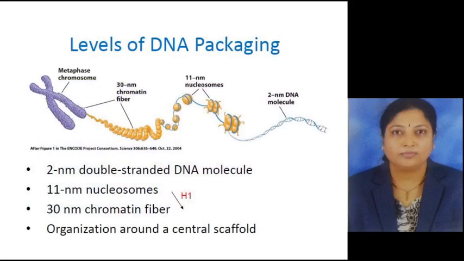Here you can see the levels of DNA packaging. There are 4 levels of DNA packaging, involving histones H1, H2A, H2B, H3, H4 and H5. Chromosomal DNA is packed inside the microscopic nuclei with the help of histones. You can see here the 2 nanometer DNA molecule, 11 nanometer nucleosomes, 30 nanometer chromatin fibers, and lastly the metaphase chromosome.